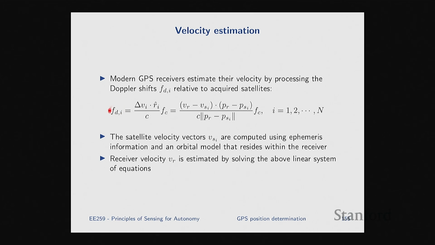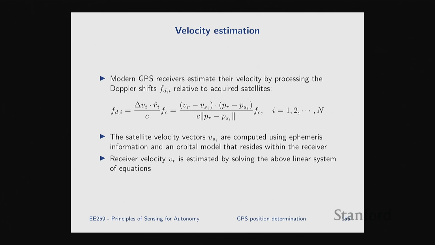Remember, the Doppler shift with respect to the ith satellite is basically given by this expression, which is the inner product of the relative velocity of the receiver to the satellite with the unit vector that points from the receiver to the satellite, divided by the speed of light times fc, right?